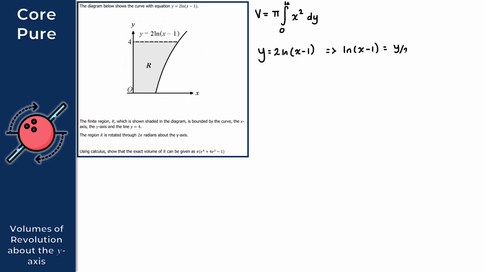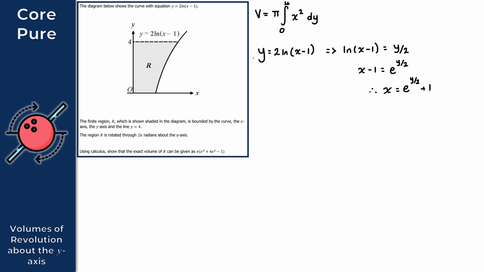We then get x minus 1 is equal to e to the power of y over 2. And then finally, we just want x as the subject, so just add 1 to both sides, and we get that x is equal to e to the power of y over 2, plus 1.